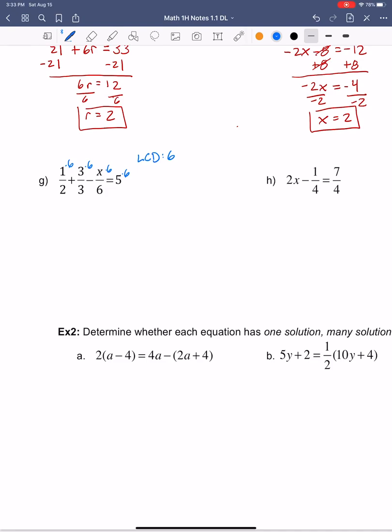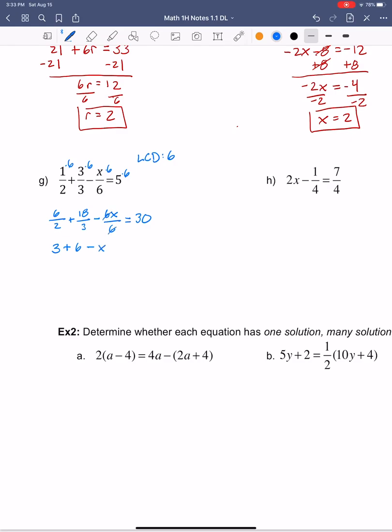And so now I have 1 times 6, which is just 6 over 2, plus 3 times 6, which is 18 over 3, minus x times 6, which is 6x over 6, equals 5 times 6, which is 30. And so now it looks like the fractions just got bigger, which is obviously not what we want, but you're going to see that all these fractions are going to start to reduce. So check this out. 6 divided by 2, that's just 3, plus 18 over 3, which is 6, minus, well, 6 over 6, those cancel out, right?